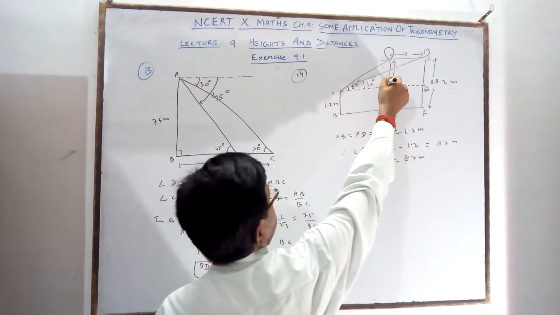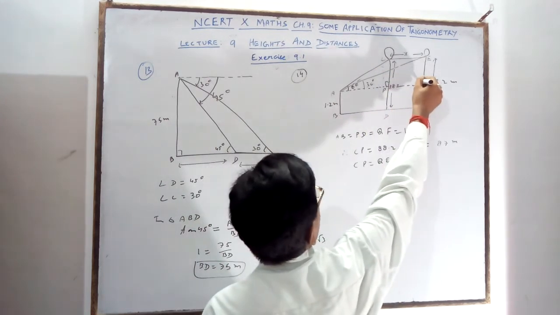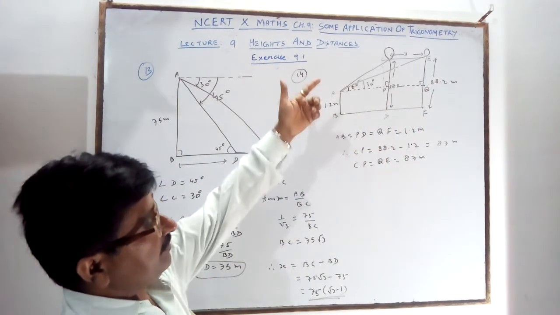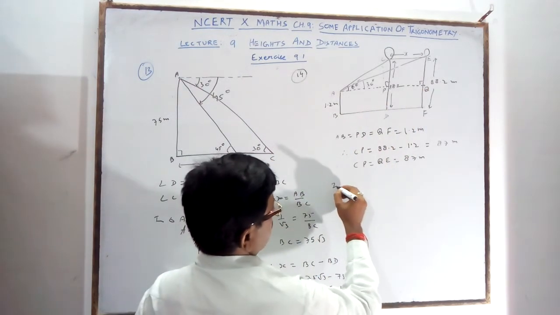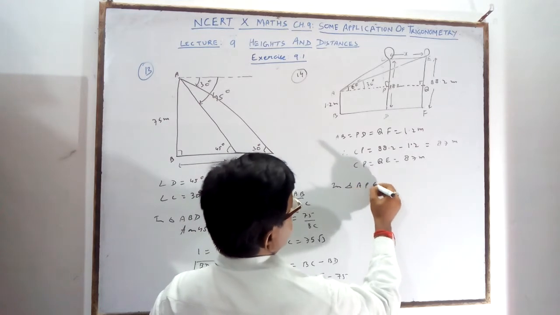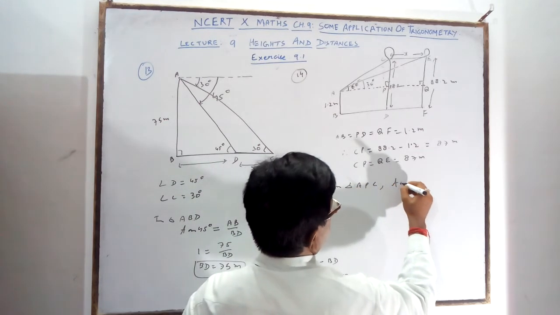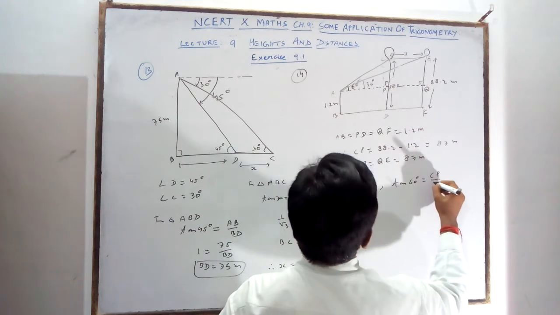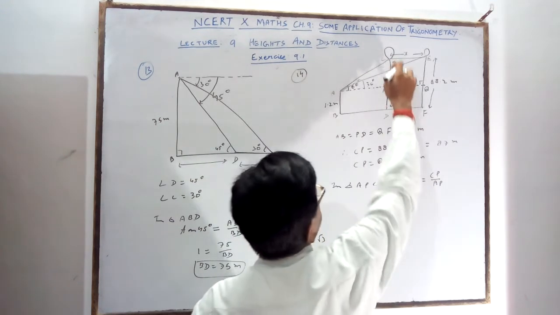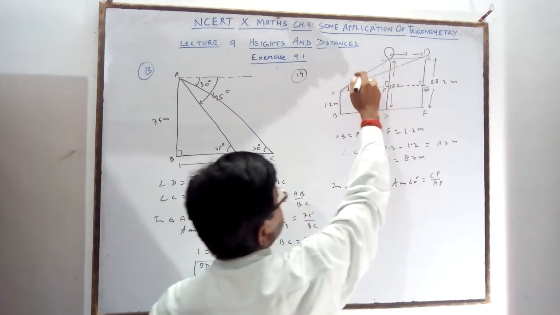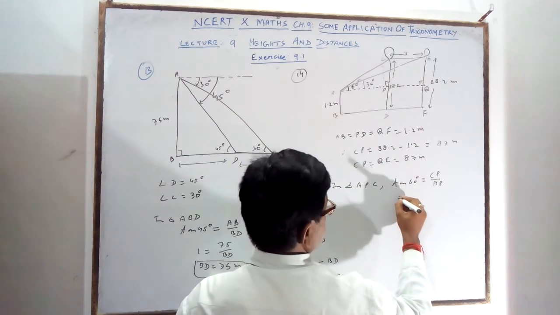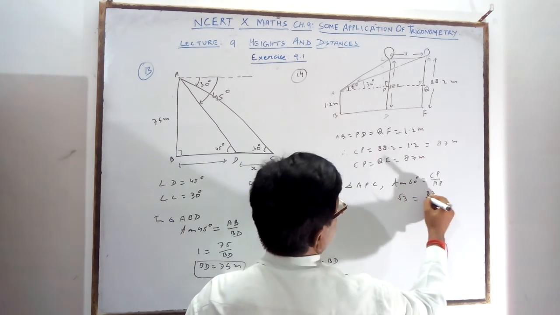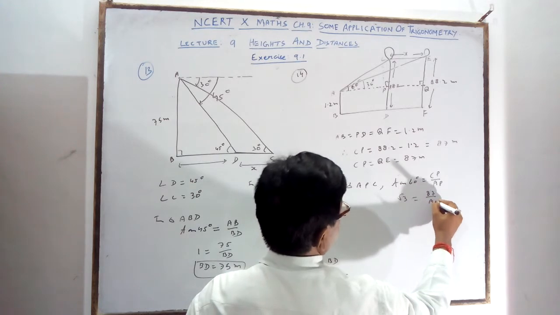So these right triangles you take here and here. Two right triangles you find out. AQ minus AP will be X. So in triangle APC, tan 60 degrees is equal to CP upon AP. Tan 60 means root 3 is equal to CP, which is 87, upon AP.